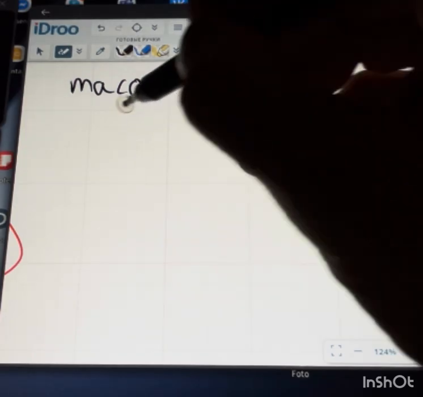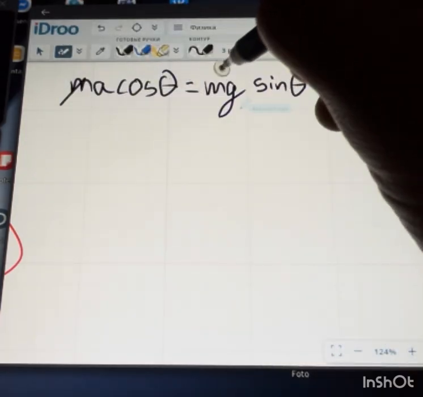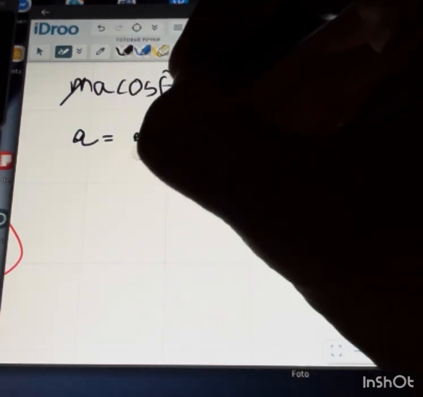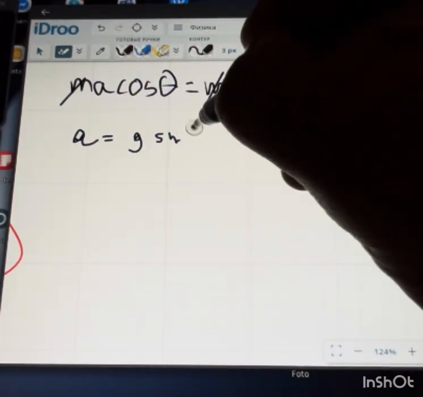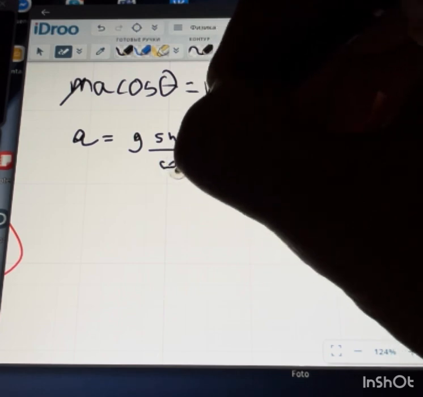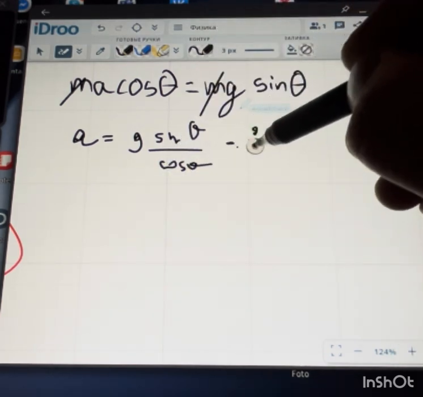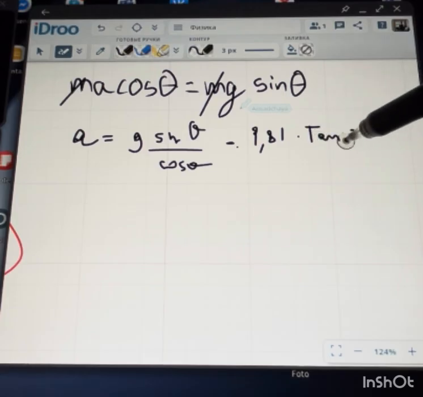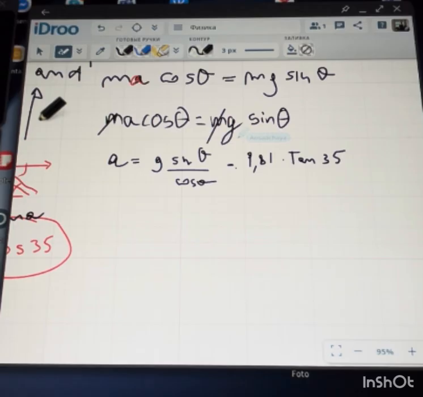So we plug them in, and we find that A is equal to G sin theta over cos theta, which means 9.81 times the tangent of 35.